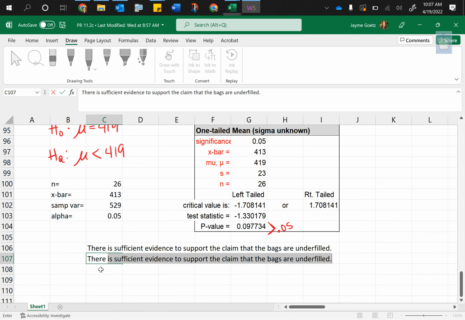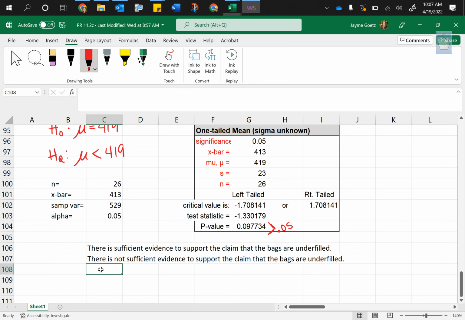And there is not sufficient evidence to support the claim that the bags are underfilled. Those are the two options they are going to give you.